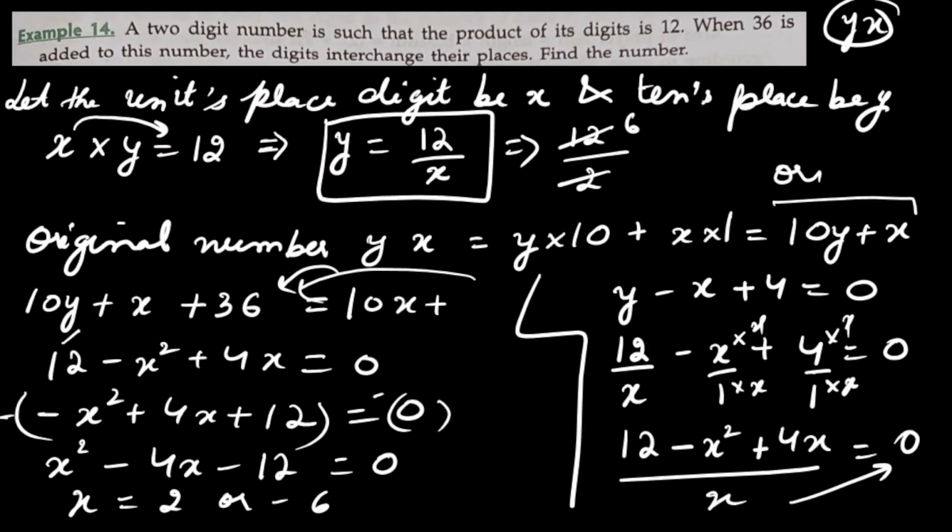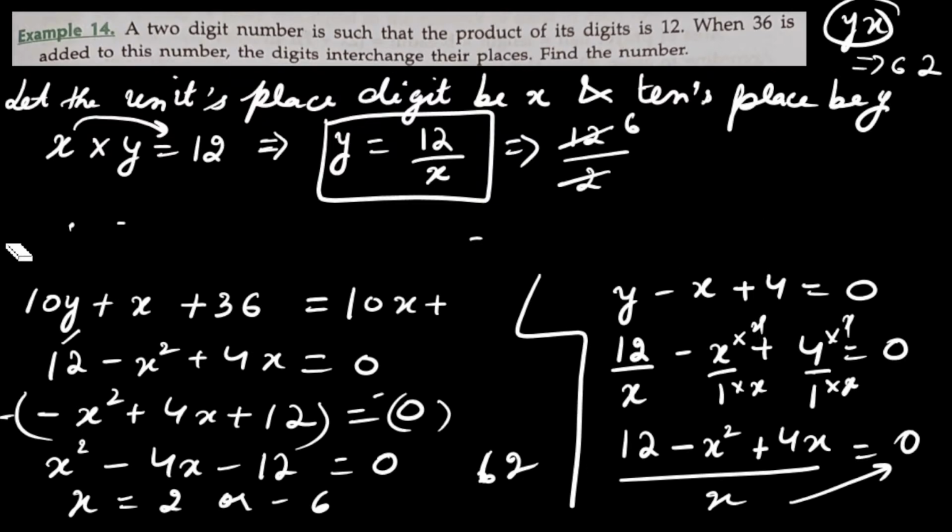If x is a negative value, we don't substitute, because in a number we cannot write one digit as positive and one as negative. So directly the number we can write: 62, because I assumed yx. 62 is the number.